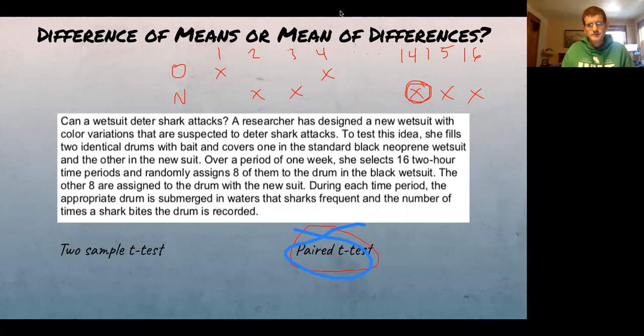All right, so I threw that out as a rhetorical question, and the answer is, this is kind of a tricky one, but it turns out that this is a two sample t-test, because we really are just collecting data of two different types, and there's no natural pairing between this particular trial and this particular trial.